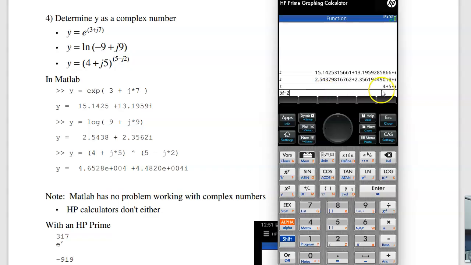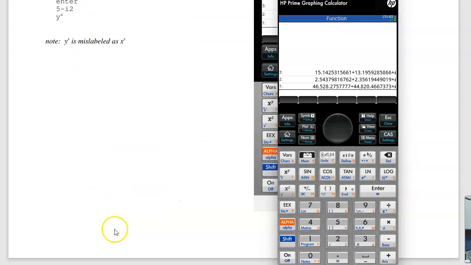So y to the x is right here. That's y to the x, 46,000 plus j44,000. On the actual HP calculators that you buy, this key is correct. It's just in this app they messed up that key. But anyway, I can do complex operations just fine.